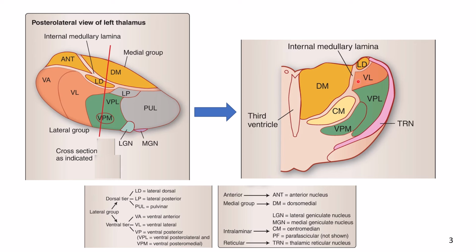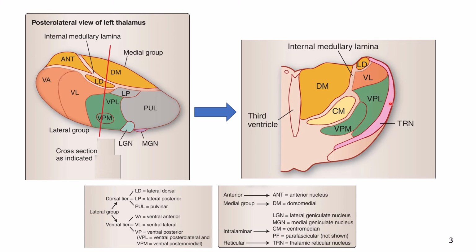These nuclei are separated from each other by the internal medullary lamina. So this is the internal medullary lamina. And here there are a couple of other nuclei that you cannot see in this view because they are located deeper. These are called intralaminar nuclei, and one of them is called centromedial, which is this one, and there is also the parafascicular that you cannot see in this view.